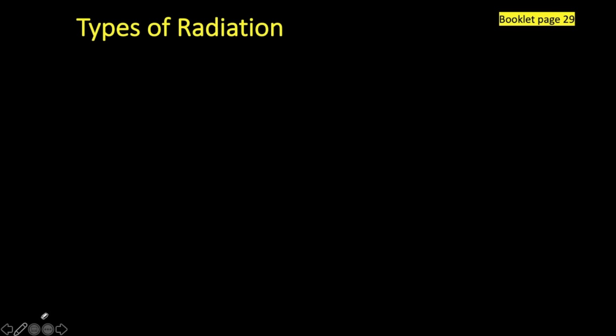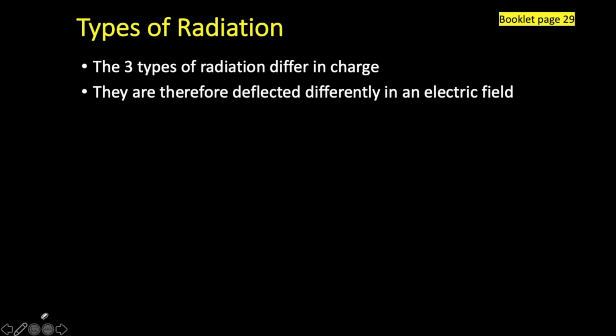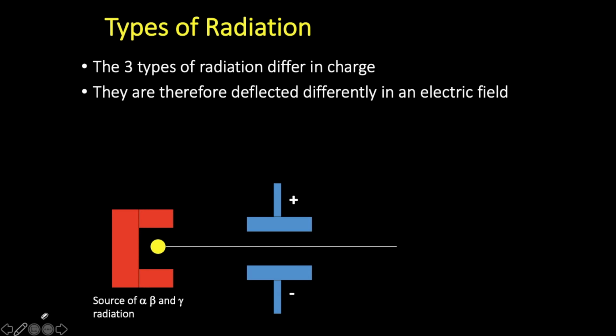So going back to our types of radiation again, they all have different charges and they are therefore deflected differently in an electric field. Now, if we have a source, this is our red box here, of alpha, beta and gamma radiation, and we pass them through an electric field which has a positively charged and negatively charged end, we will see them deflected in different directions.